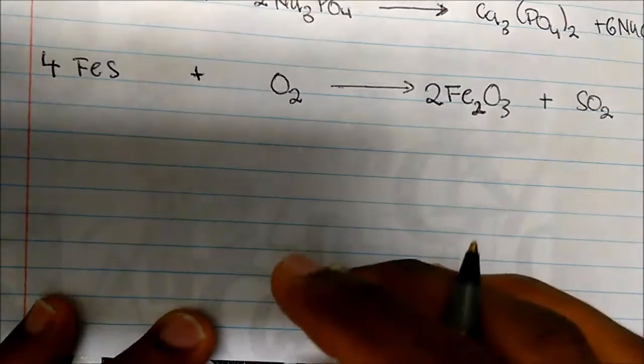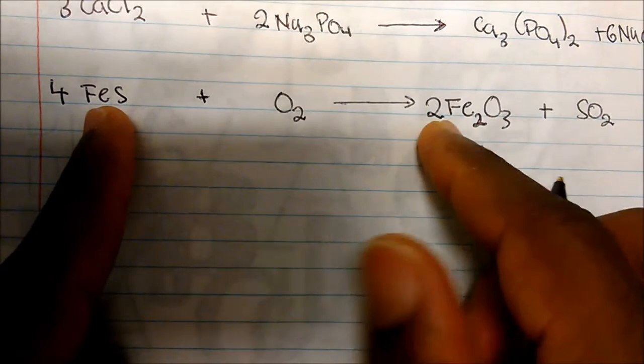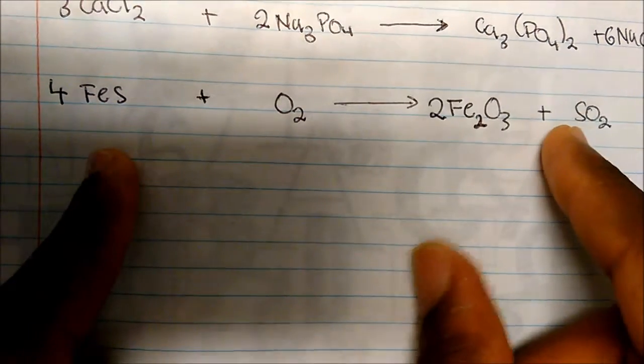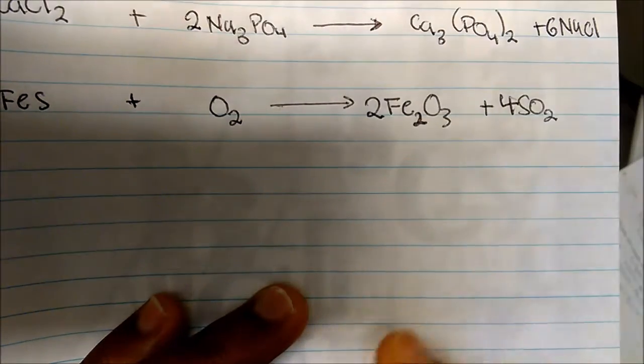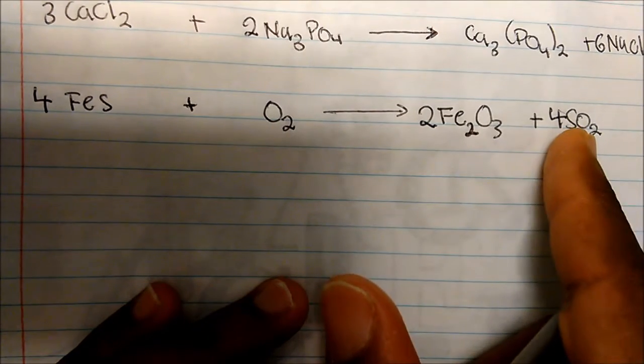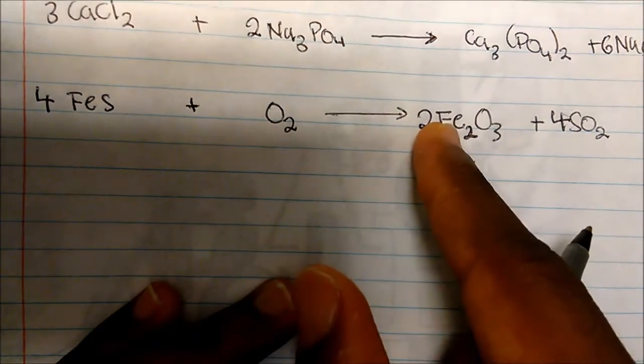Okay, and so if I put a 4 here, that will give me 4 moles of iron and 4 moles of iron. Okay, now this will give me 4 moles of sulfur as well, and then I still have 1 mole of sulfur here. So if I put a 4 here, okay, that will give me 4 moles of sulfur, 4 moles of sulfur, 4 moles of iron, 4 moles of iron.